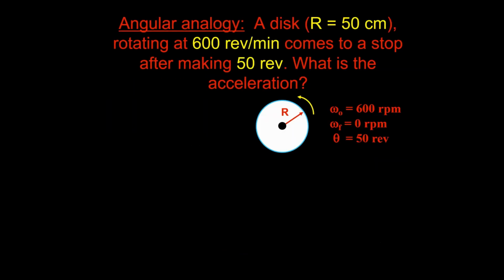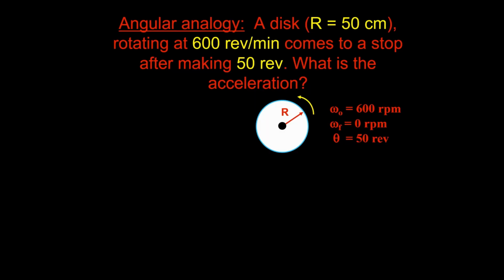So we can keep applying our equations of motion. So if we take a disk here, r is 50 centimeters now, and it's rotating at 600 revolutions per minute, and comes to a stop after making 50 revolutions. What's our acceleration? Omega i here is 600 RPM. Omega f is 0 RPM. So it comes to a stop. So we're going from 600 RPM down to 0.